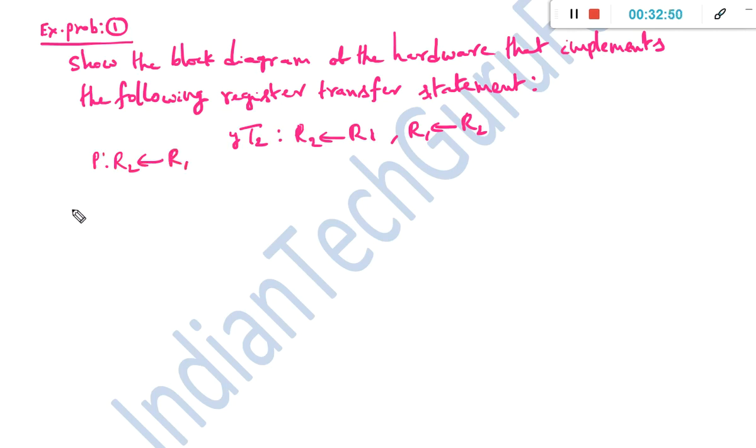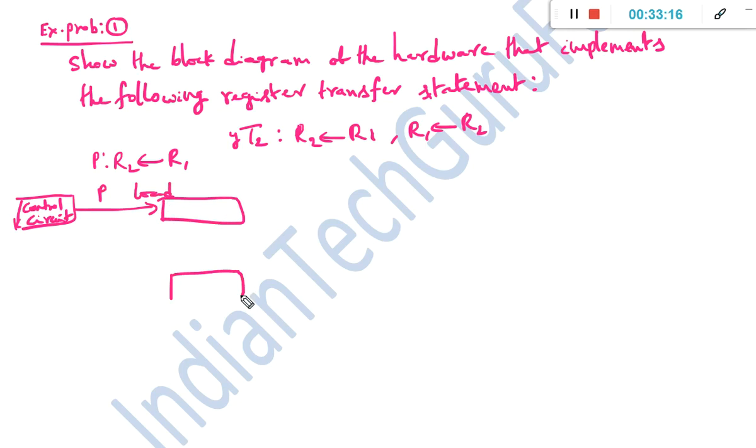So how the block diagram exists for this particular register transfer statement we have already seen. So how it was looking like. The control circuit is going to control the P value, and based on the P value we are going to load the content of register R1 to register R2.